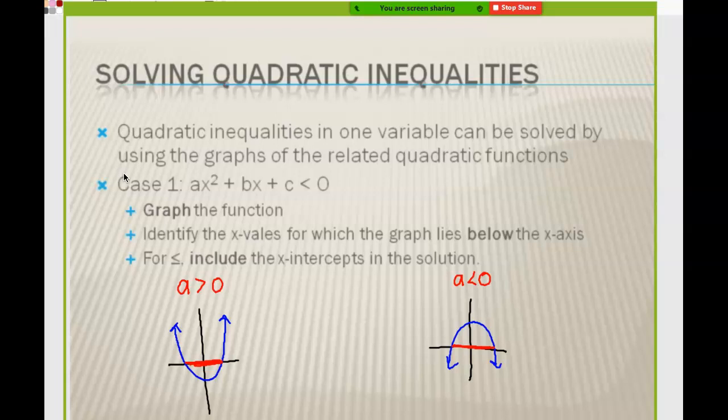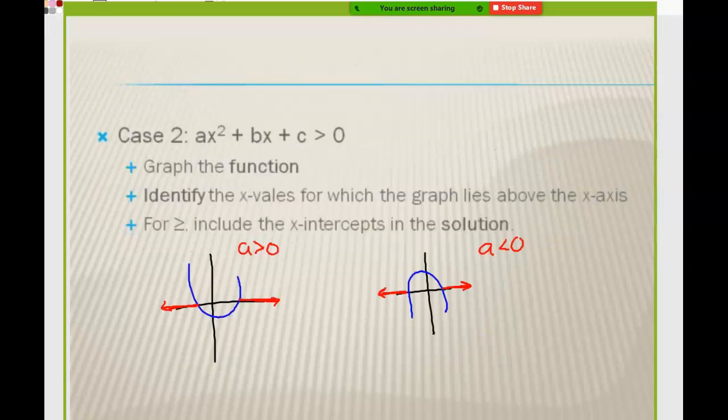But again, I'm only shading on the line. So the red line is the solutions. If my quadratic inequality is greater than 0, then the solutions are coming outside and on the x-axis.